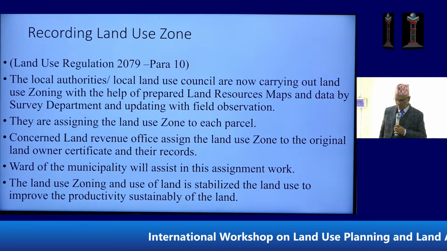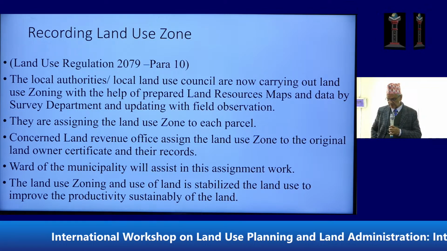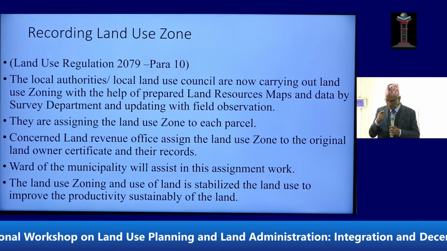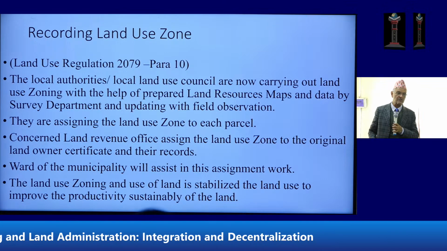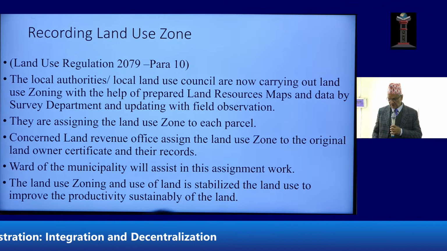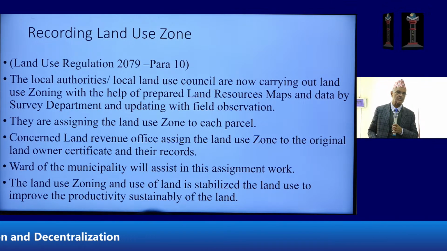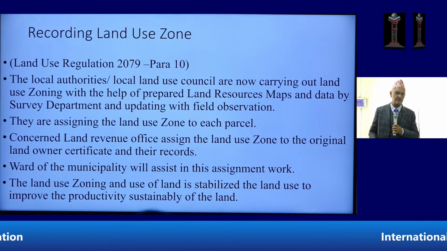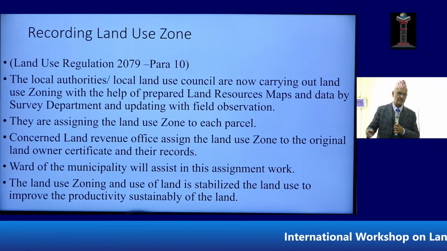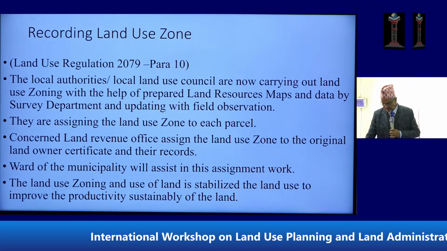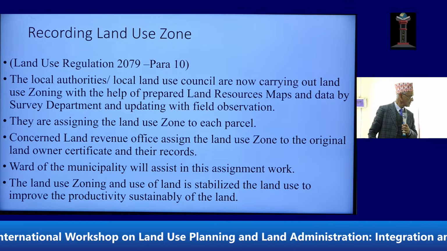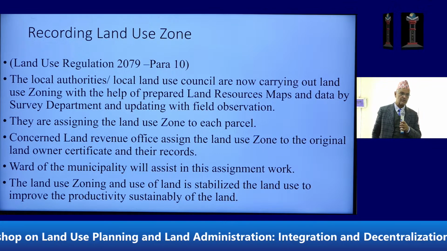With this, I could say, if the land use zoning is carried out, then I think the land will be protected for agriculture, forest, and other different sites, these 10 categories of land. That is my opinion. Thank you very much.